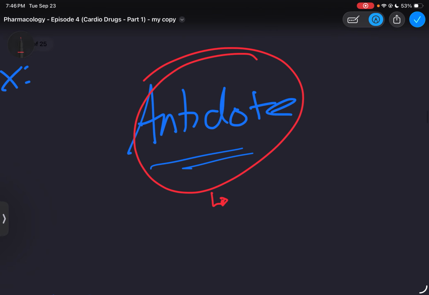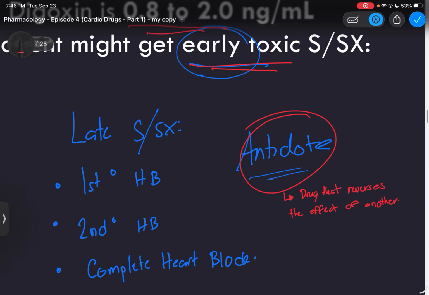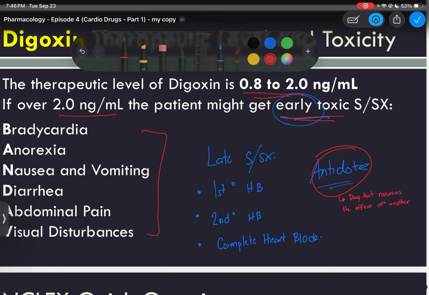An antidote is a drug that reverses the effect of another, no? So if digoxin becomes toxic, class, we can give them an antidote so that it will reverse the effect of digoxin. Now, these are the early signs, kani.